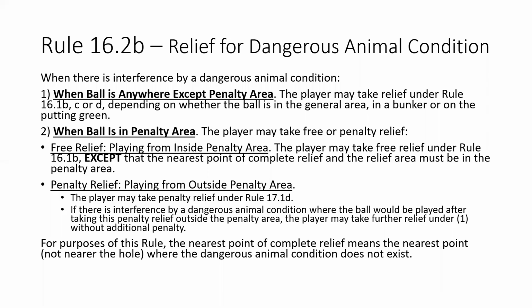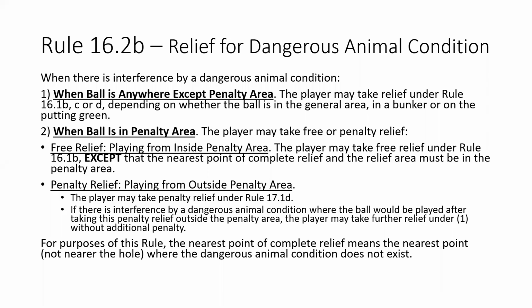Robert, what was your question? My question is, when you are in the penalty area, I understand all of that, but you could also have a dangerous animal in the fairway. Is there a different way to handle that? So basically, we're just going to find the point where it's no longer dangerous, and then they're going to take their nearest point of complete relief from that point.